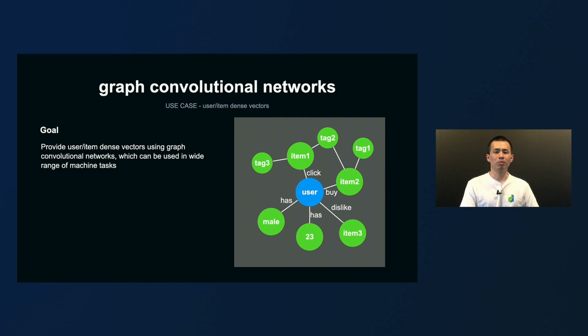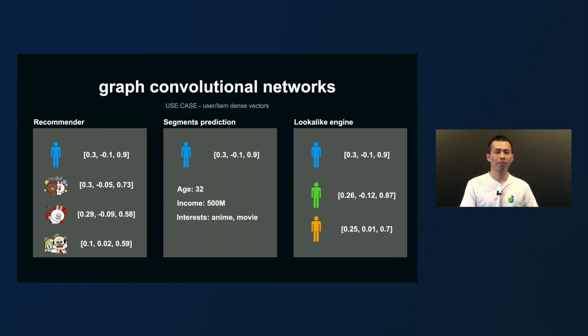Line has a large number of user logs coming from various services, and those logs can be described as a graph. From the graph, using feature learning, we intend to acquire a multi-purpose dense vector that can be used for node labeling. The dense vectors that are generated can be used in many places such as recommender, segment prediction, and user-to-user lookalike engine.